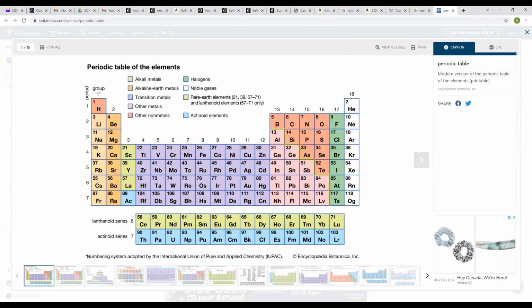Okay, so now let's take our attention to this side of the periodic table. This last column, let's look at 13, 16, and 17. So group 13 has how many valence electrons? 3. 3, exactly.